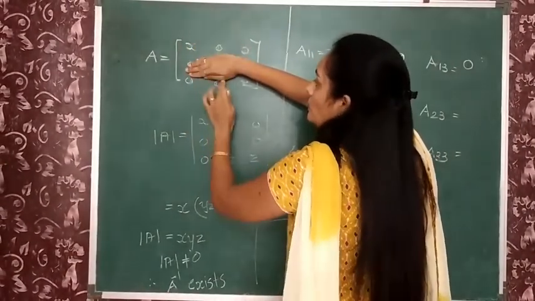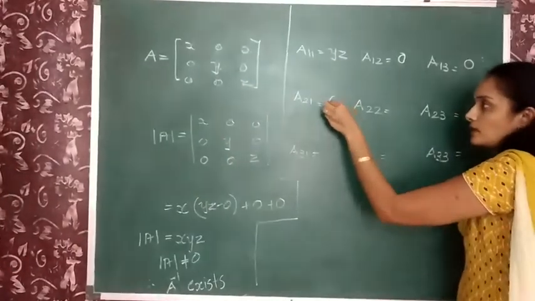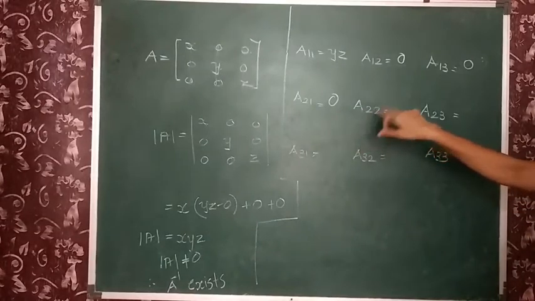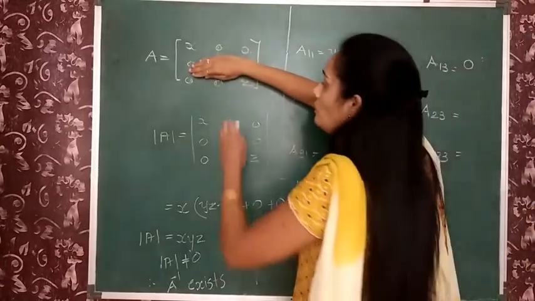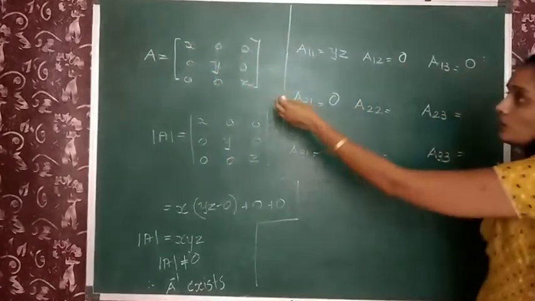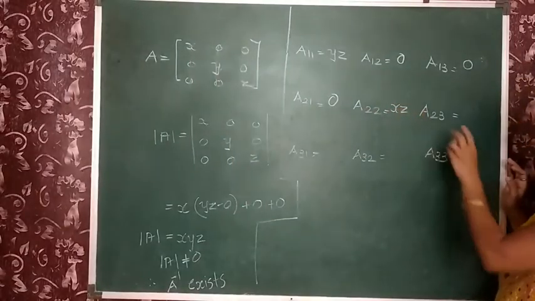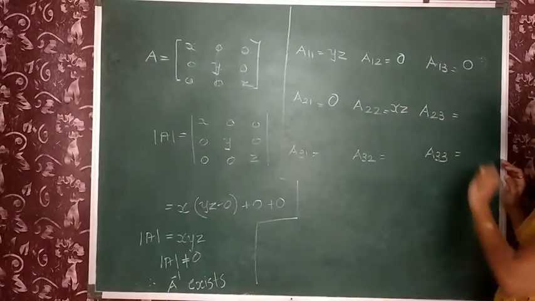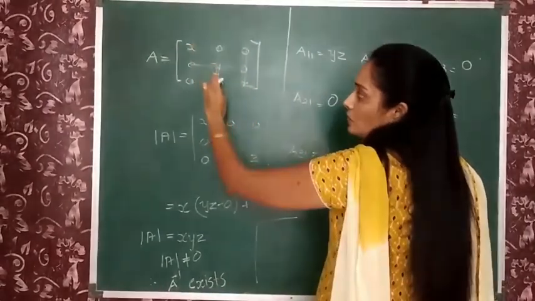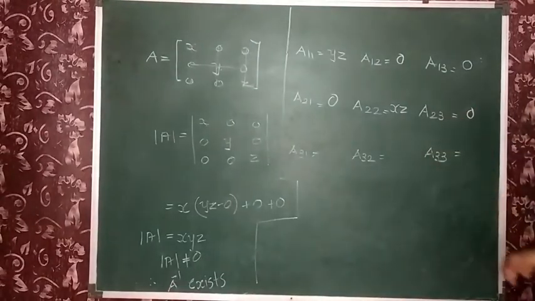So 0 0 0 z, 0 minus 0, the answer is 0. To find element A22, we hide the second row, second column. So xz minus 0, the answer is xz. To find element A23, we hide the second row, third column. So 0 minus 0, the answer is 0.